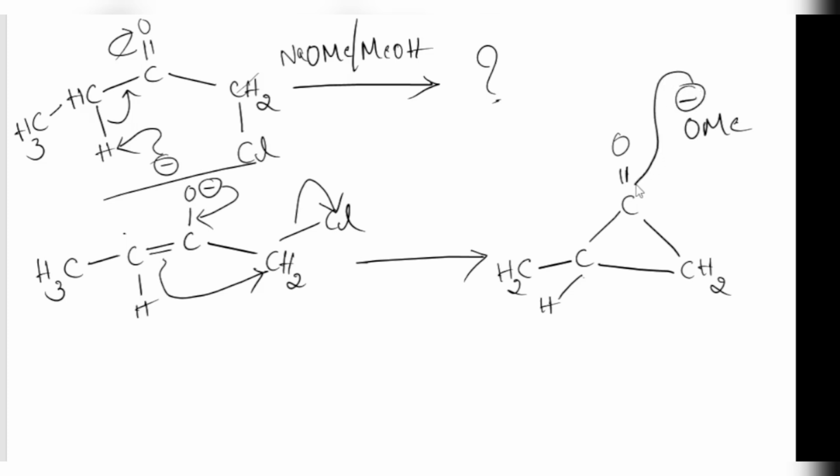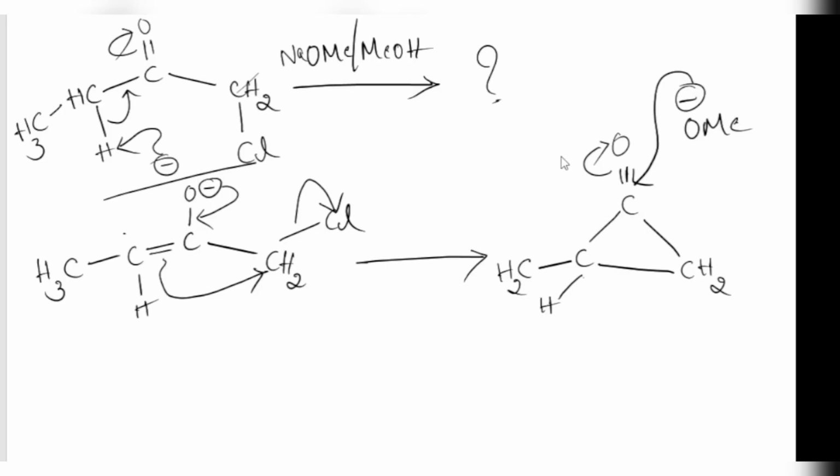Suppose it attacks over here, I have to show the tetrahedral intermediate, so I write O minus, and here OMe is there, and here CH3 is there. Correct? I hope this is the tetrahedral intermediate.